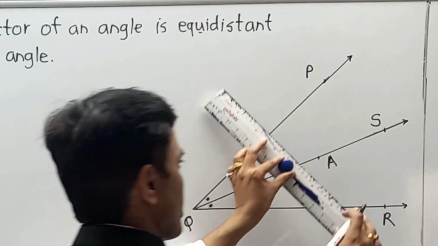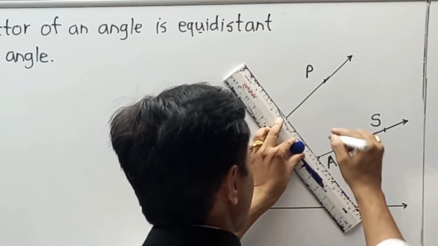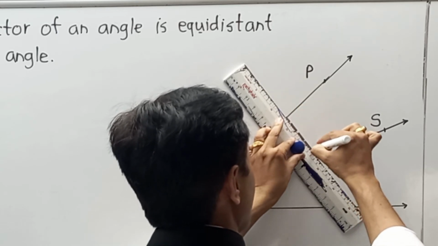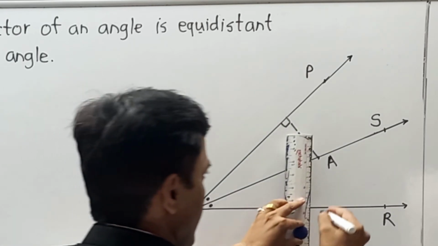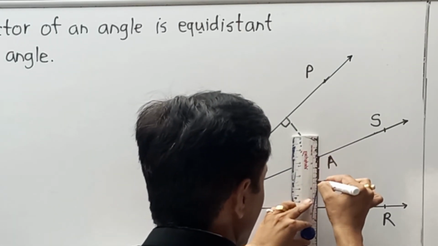So here from A, I am going to draw two perpendiculars. One is a perpendicular over here, means you can say that this angle is 90 degrees, and from A, I am going to draw another perpendicular over here.